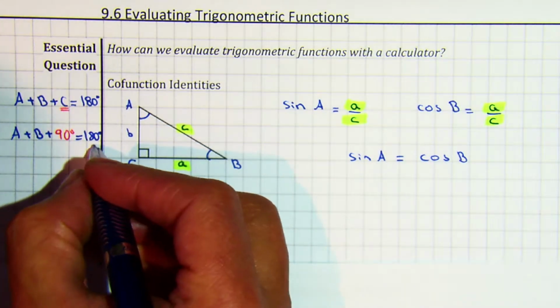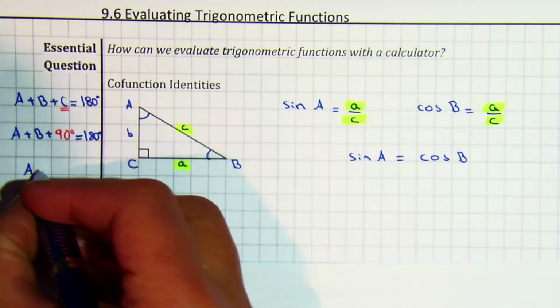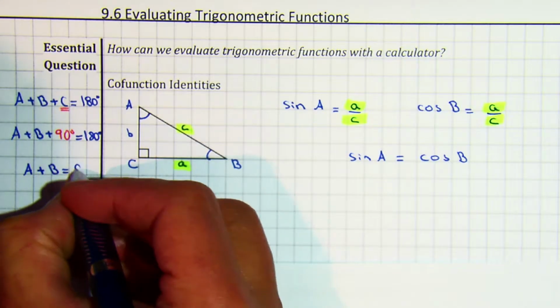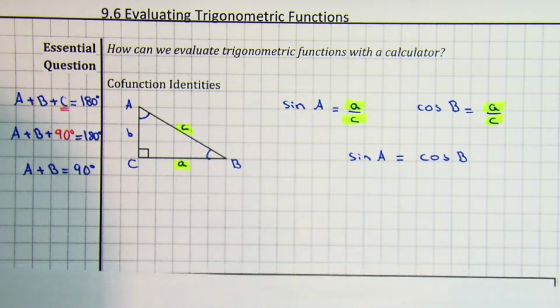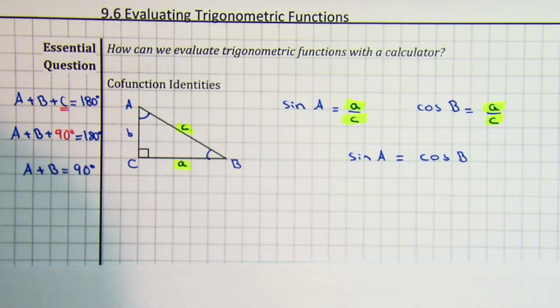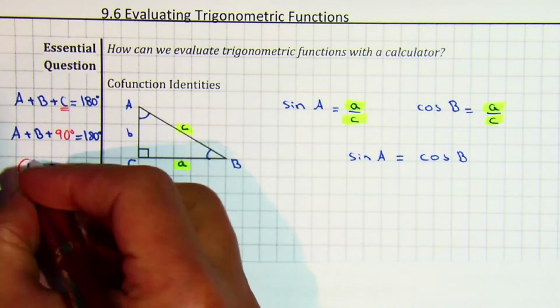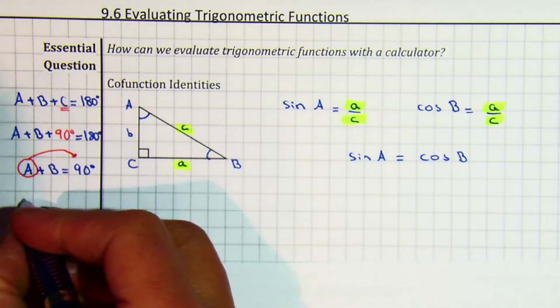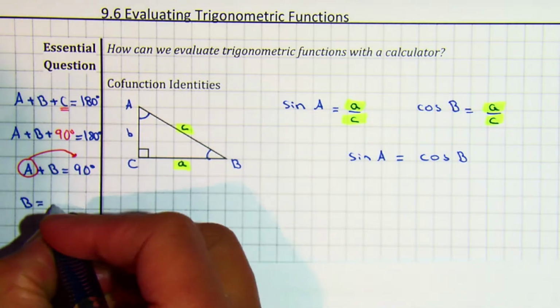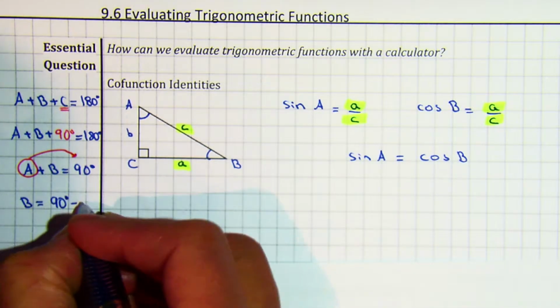Minus 90 on both sides, that will give me A plus B must be equal to 90 degrees. Do you agree? And now the last thing that I'll be doing, I'm going to be solving for B. So I'm going to move my angle A to the right. We can say negative. So therefore angle B must be equal to 90 degrees minus A.